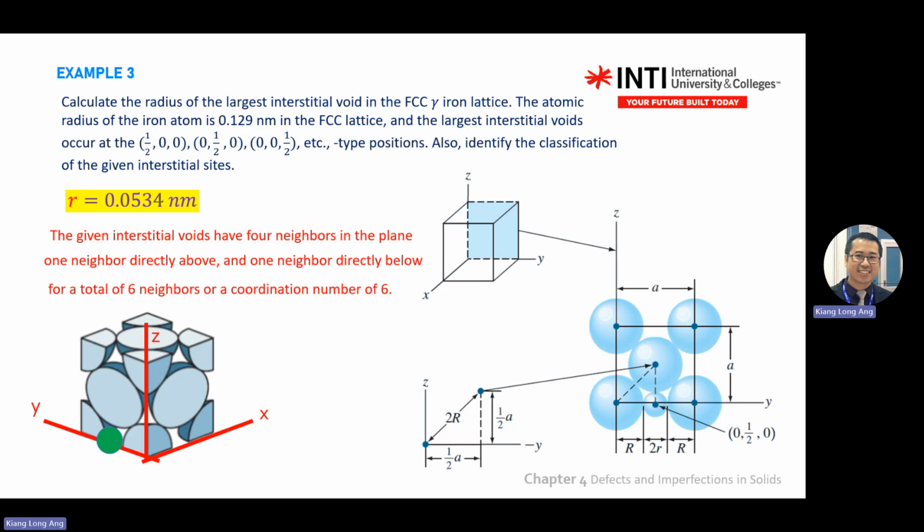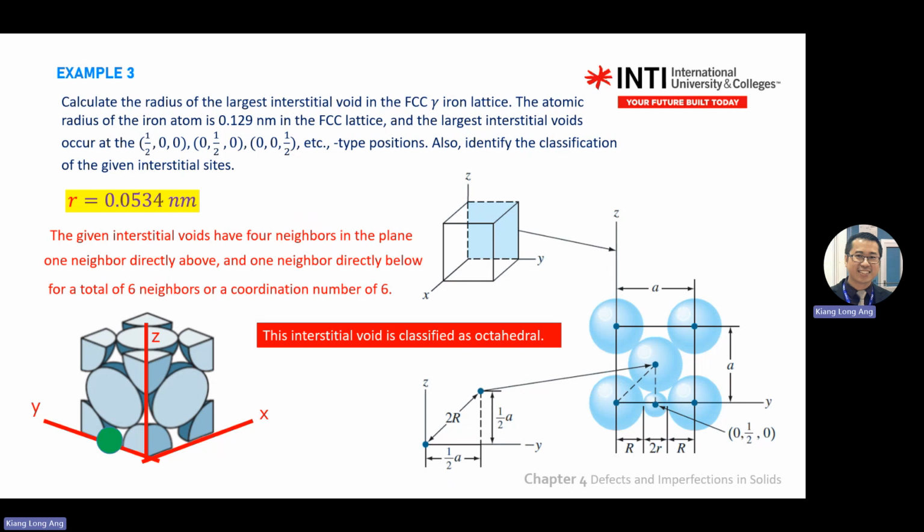So the coordination number is 6. You are touching 6 spheres: 1 at the top, 1 below, 4 around you. Right? So this interstitial void is classified as octahedral.